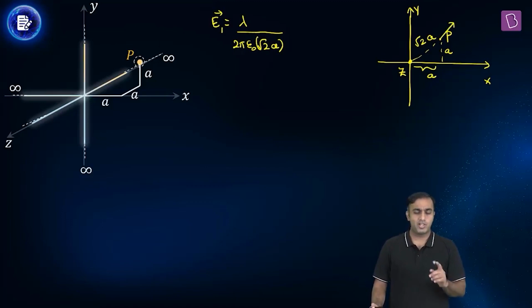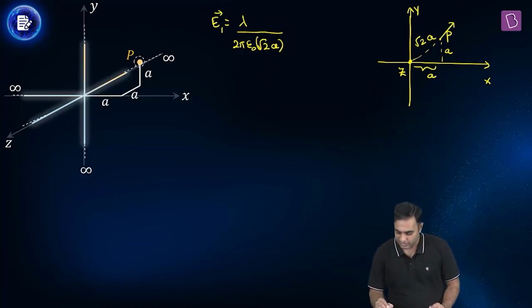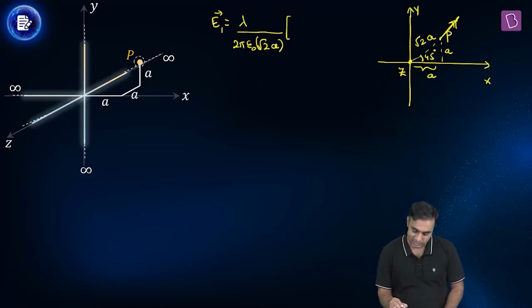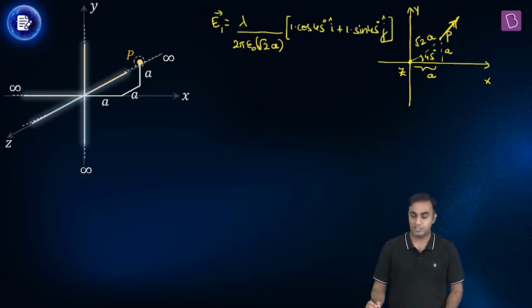We need to choose a unit vector along it, right? This angle is known, it is 45 degrees. So, in this direction, a unit vector can be written as 1 cos 45 degree i cap plus 1 sin 45 degree j cap.